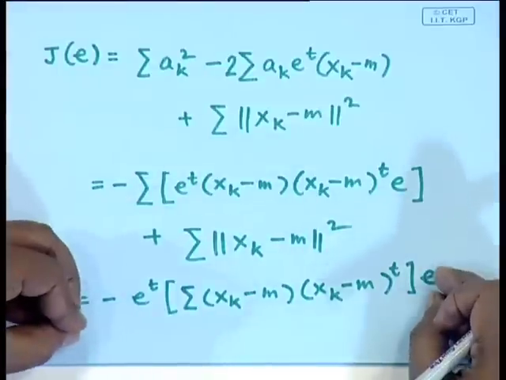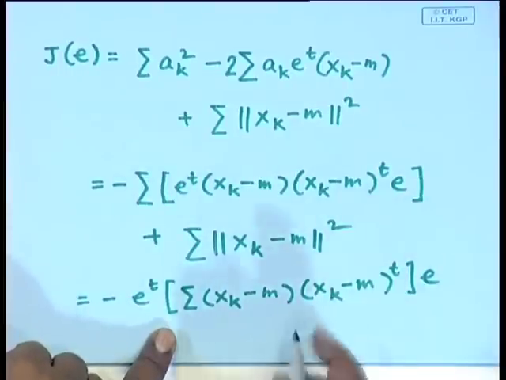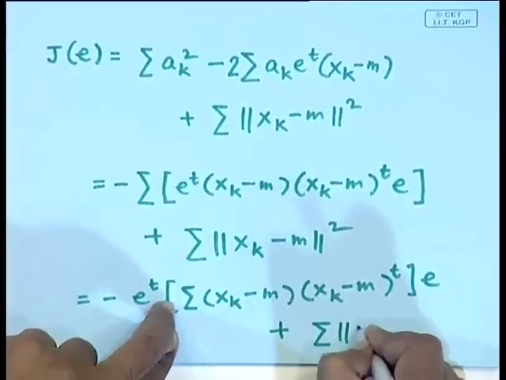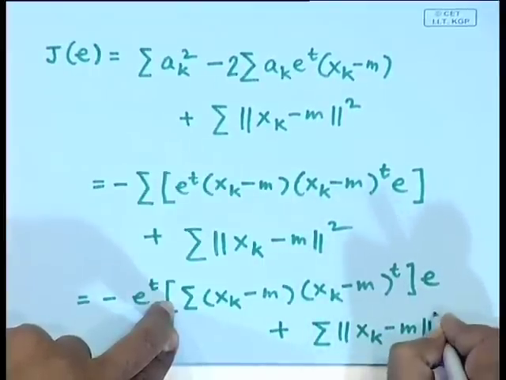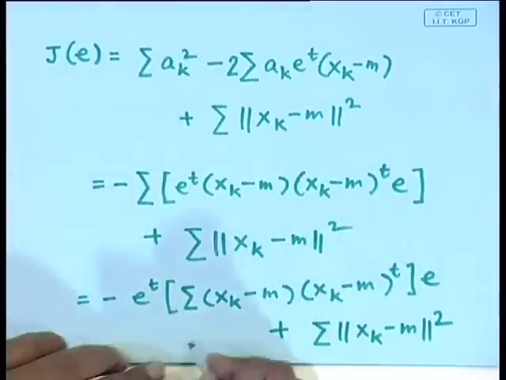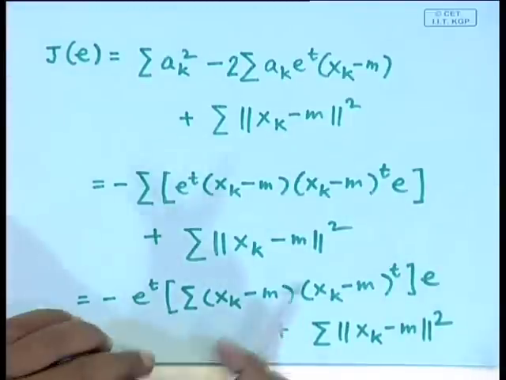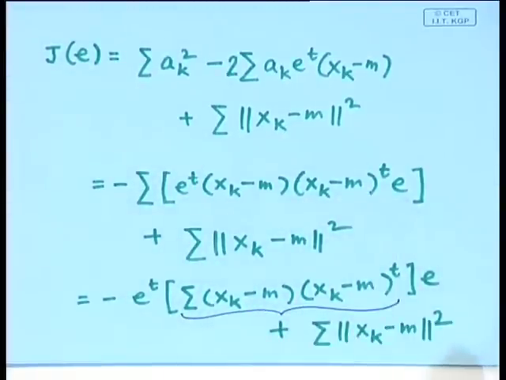So, I can take this E out of the summation expression, because this summation is over k varying from 1 to n, right, plus summation of x k minus m square. So, it remains the same, right. Now, you find, what is this term, sum of x k minus m into x k minus m transpose.